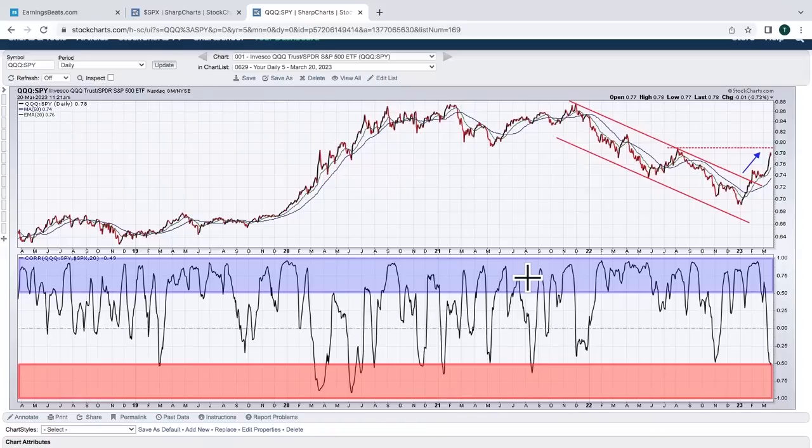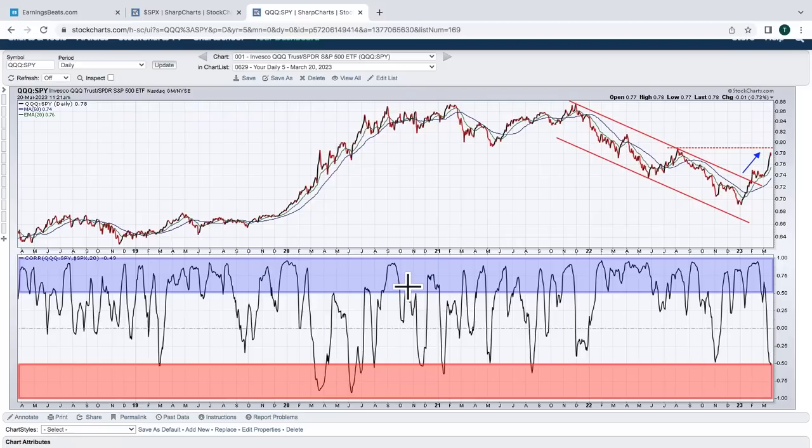So in this chart, as you can see down here, the blue shaded area tells me that we have very strong positive correlation between the direction of this ratio and the direction of the S&P 500. So when the QQQ is outperforming the spider, we can generally expect the S&P 500 to go higher because throughout history, or at least on this chart, this is going back 5 years.